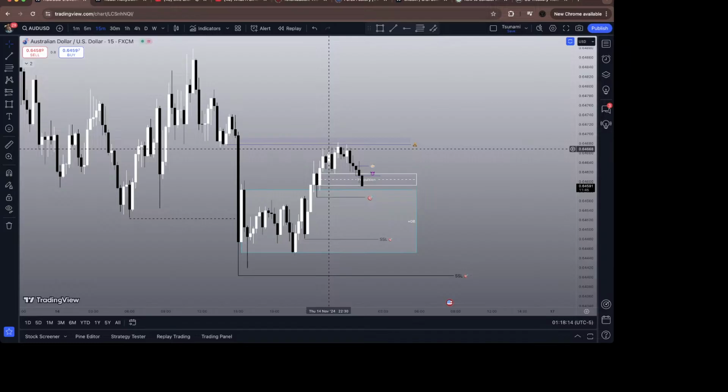What I say about propulsion arrays, if you go back and watch the video, is it's made to propel price through it. So once you get to the middle of that guy and you really start showing more bearishness, you know for a fact we're going for that propulsion block's low, traded through the body of that propulsion. You expect it to come through the zone really quickly if it does come through.